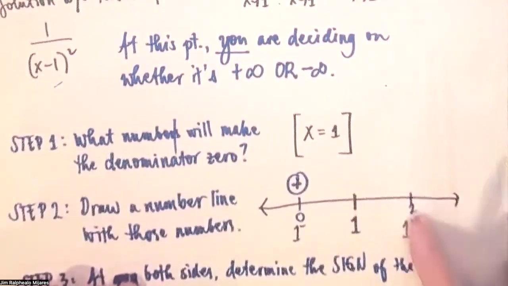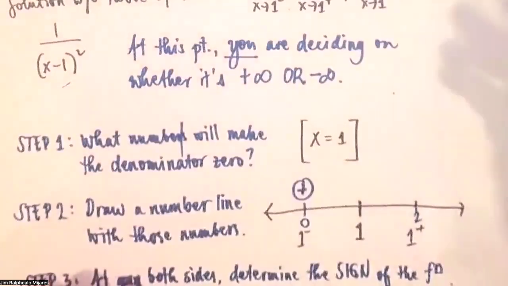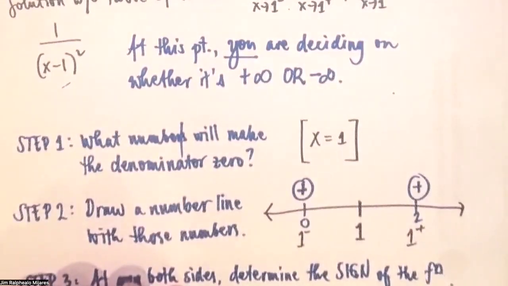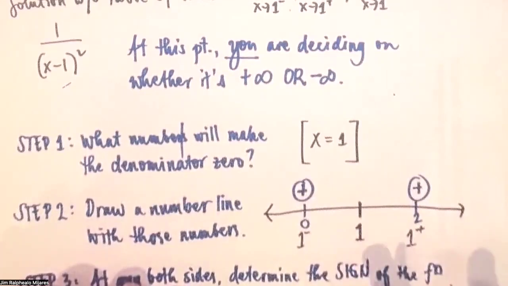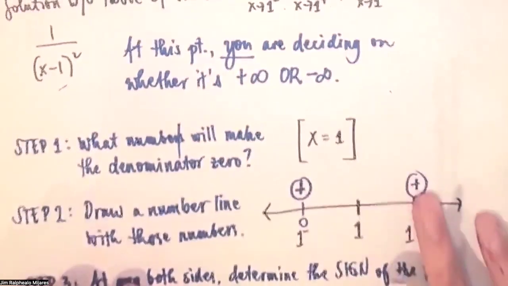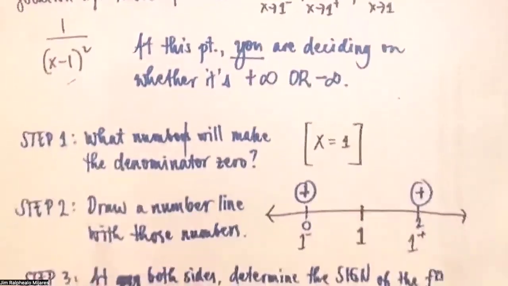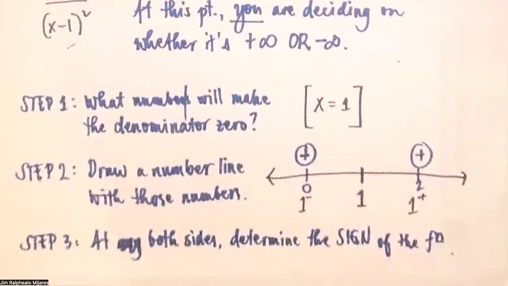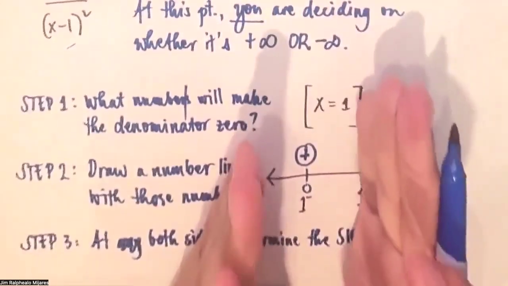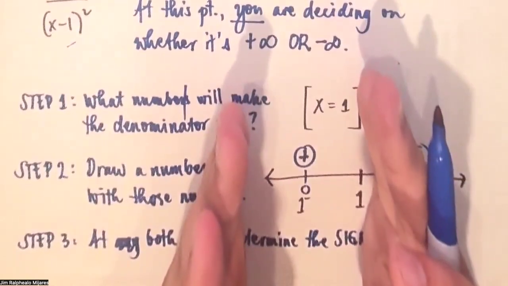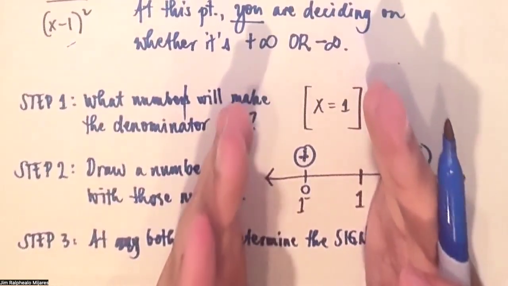If you substitute 2 here, you get a positive number. So this one is positive as well. This means that the limit as x approaches 1 from the right would be positive infinity. Again, what you're deciding at step 3 is the sign at that part of the interval, which decides whether it's positive or negative infinity.